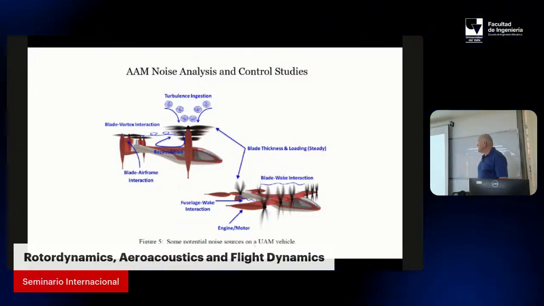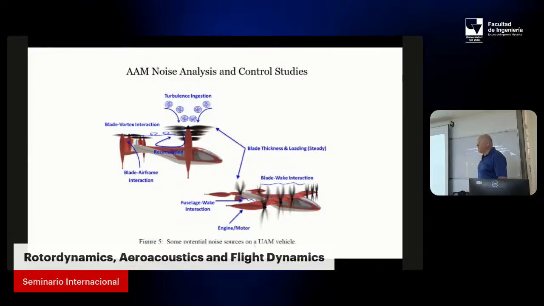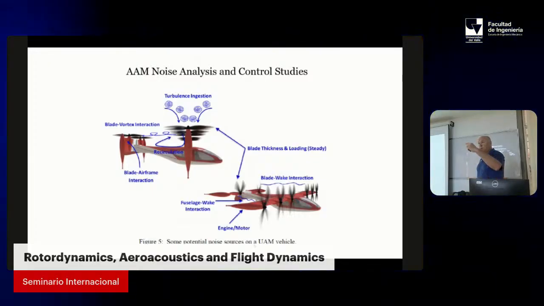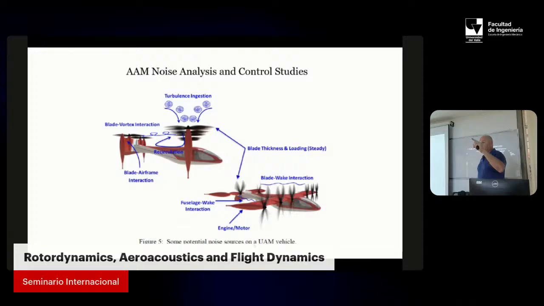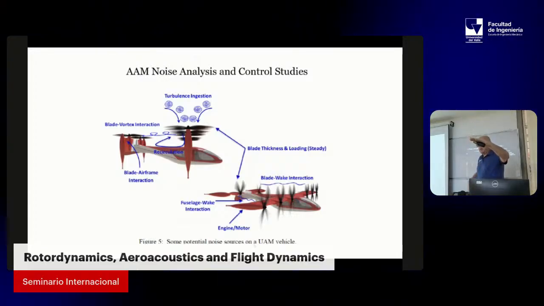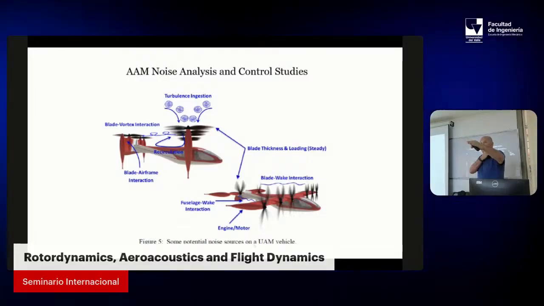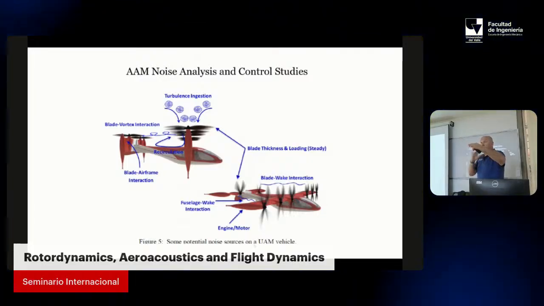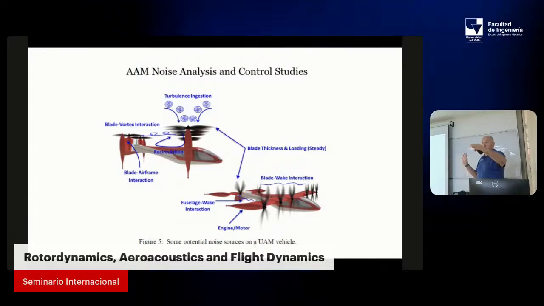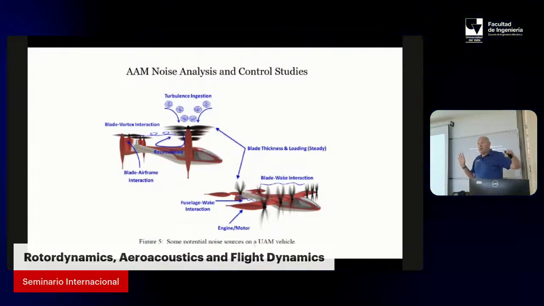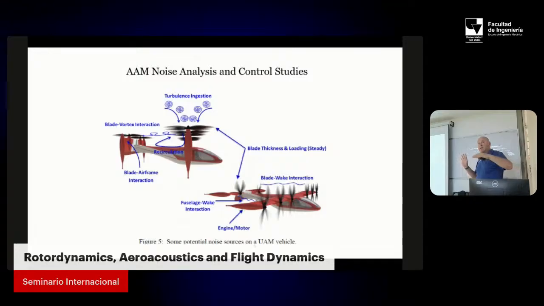Blade thickness and loading noise is a steady loading noise. It's the one where you have the load on the blade, and the load, which is steady, if it's just an airfoil, produces a load you will not hear. If you just put the wing at an angle of attack, steady, you'll not hear anything. There's no noise. But when it starts rotating, you create oscillating loading.